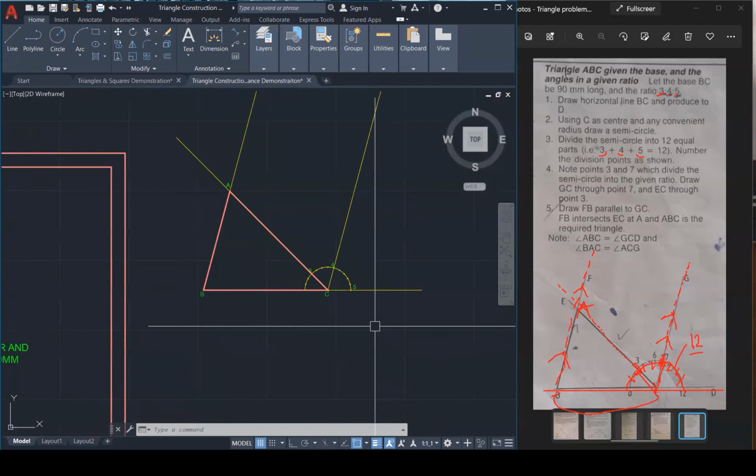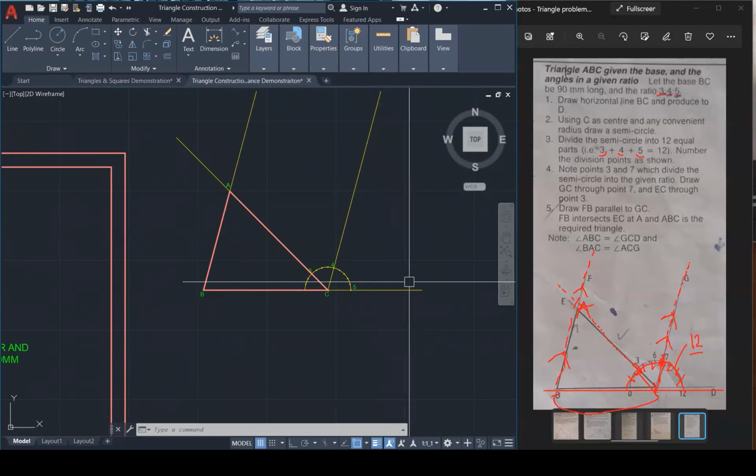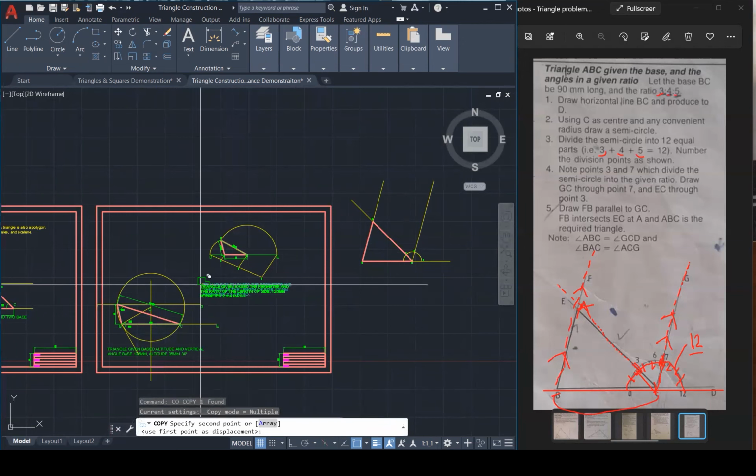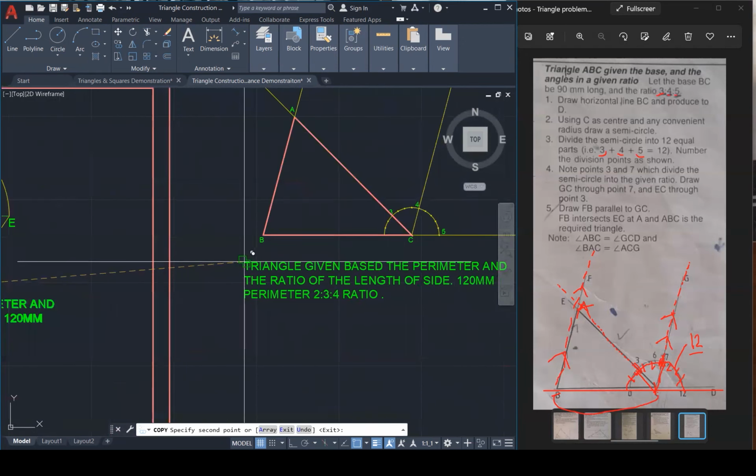All right. So that is how we will create, yeah, that's how you create the last one, which is a triangle ABC given the base and the angles in a given ratio. So let me just place this over here now.